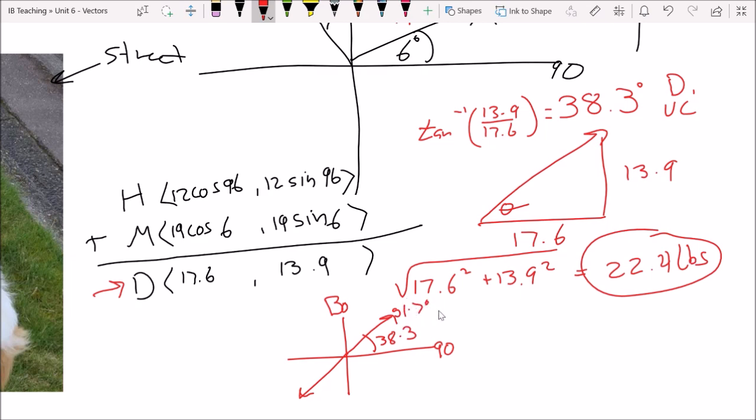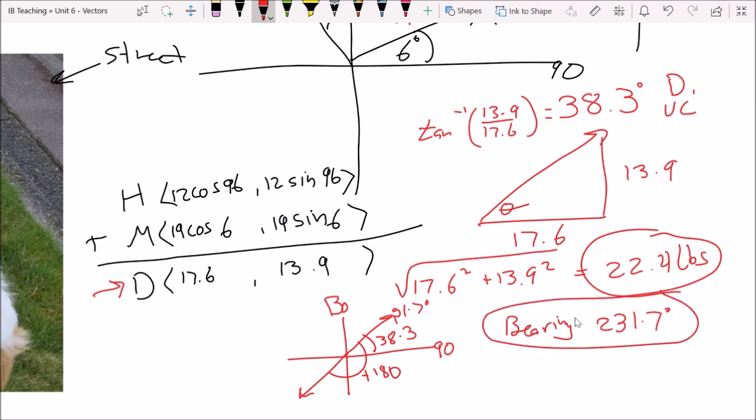So that's the bearing for the dogs, but I have to pull in the opposite direction, 180 degrees away. So all I have to do is add 180 to that, and that will say how far I'm pulling. So I'm over here, at a bearing, when I add that together, of 231.7 degrees. And so now we've answered the question. In order for me to stay alive, I have to pull in the direction of 231.7 with approximately 22.4 pounds of force, and that will neutralize the dogs, and they will be held in place.